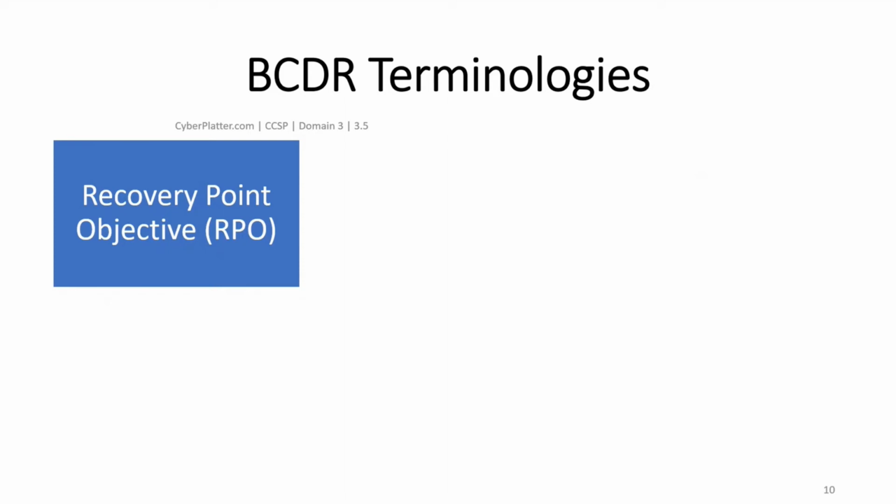The recovery point objective for that organization would be the loss of no more than 1 day's worth of data. So another way of looking at RPO is to ask yourself, how much data can the company afford to lose?